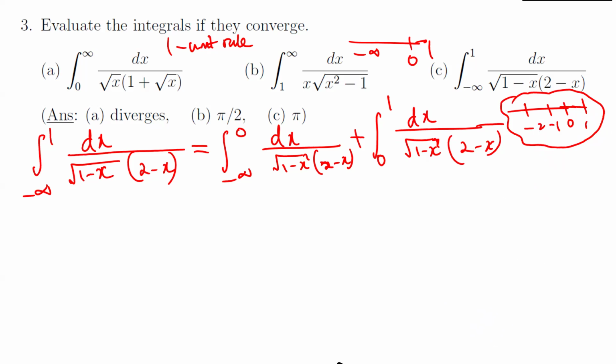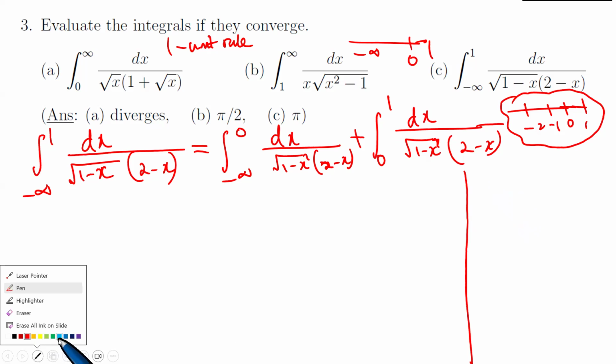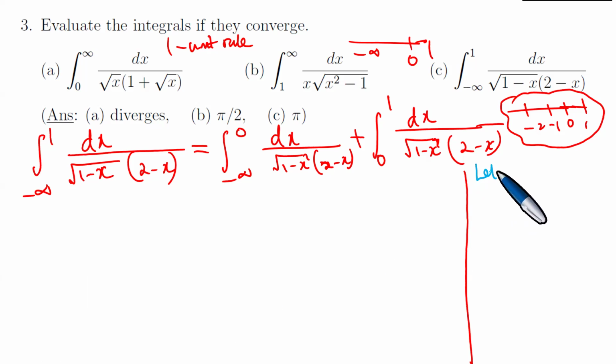Okay, we continue, sorry. Now the next thing is we need to think about the integral. The question is, what is this integral here? This one, you need to evaluate it by substitution. And the way to do it, you can just simply let u be what is under the square root, be 1 minus x. So that du is minus dx.